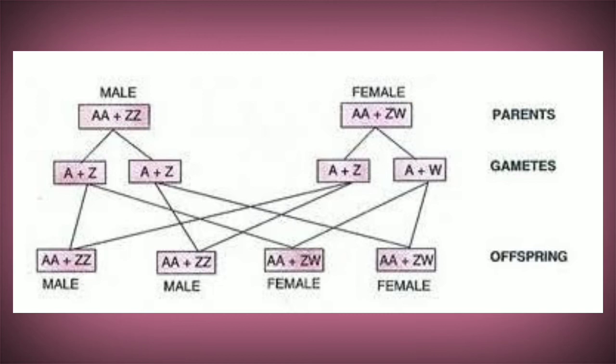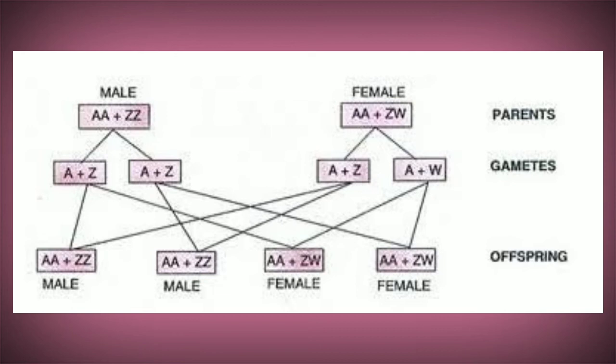As studied earlier, during the formation of gametes, in the female there will be two types of gametes, one bearing Z and another bearing W. Now when the Z bearing female gamete fuses with the male gamete that bears the Z sex chromosome, it gives the resultant offspring as male.